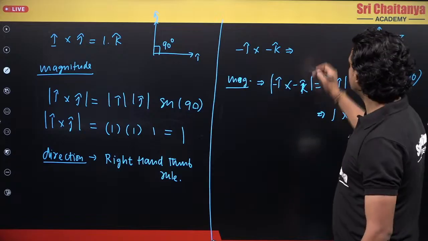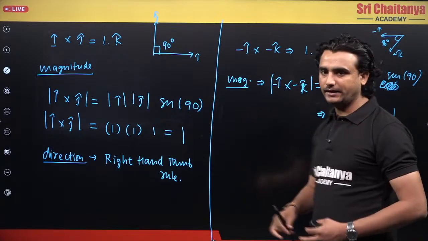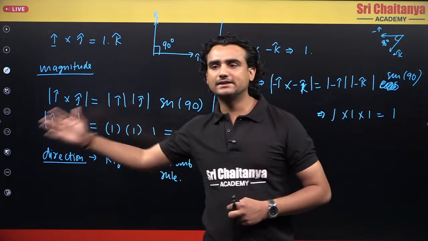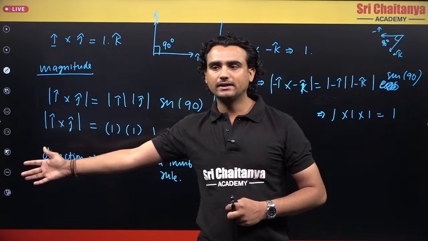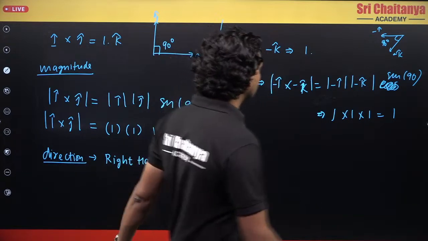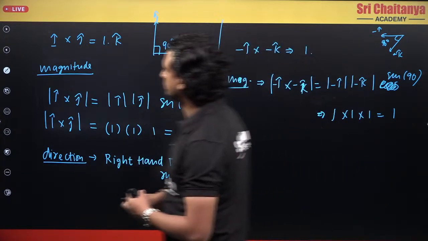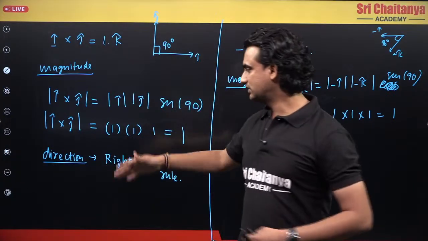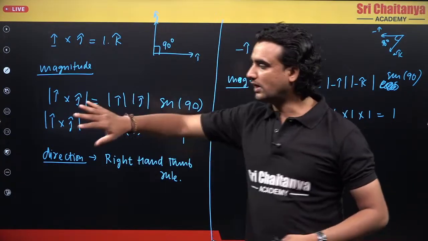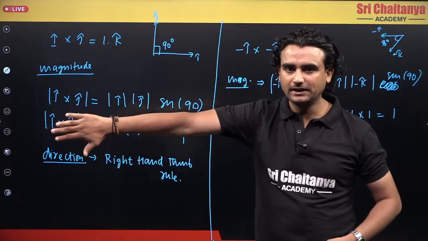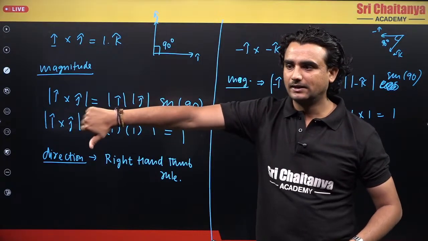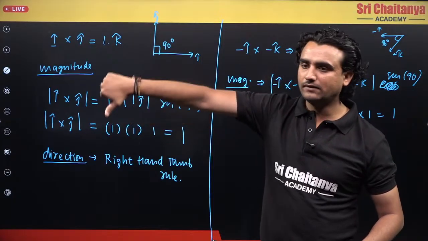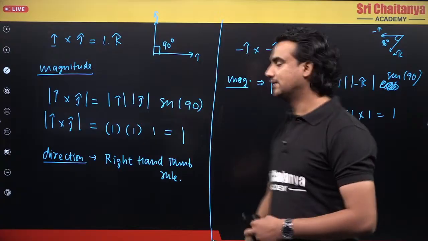But what about the direction? Where is minus i? Minus i is in this direction. Where is minus k? Minus k is in the backward direction. No, I think I have made this wrong. Minus i is in this direction, and minus k is in this direction. So minus i cross minus k will give me the downward direction, that is minus j.